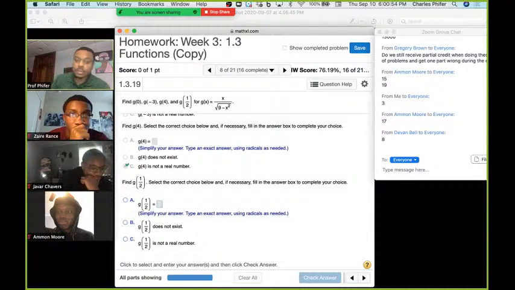So the last one, this is question number 8 from the text. It comes from 1-3-19. It says that g of x is the square root of 9 minus x squared, all over x, and they ask us to evaluate g of 1/2, right?